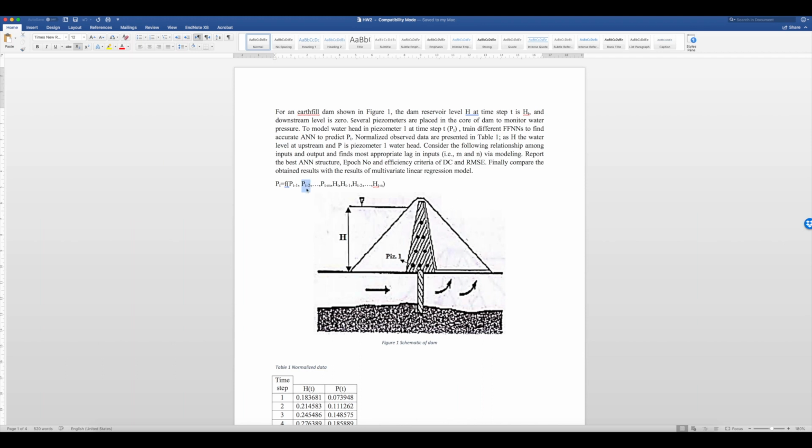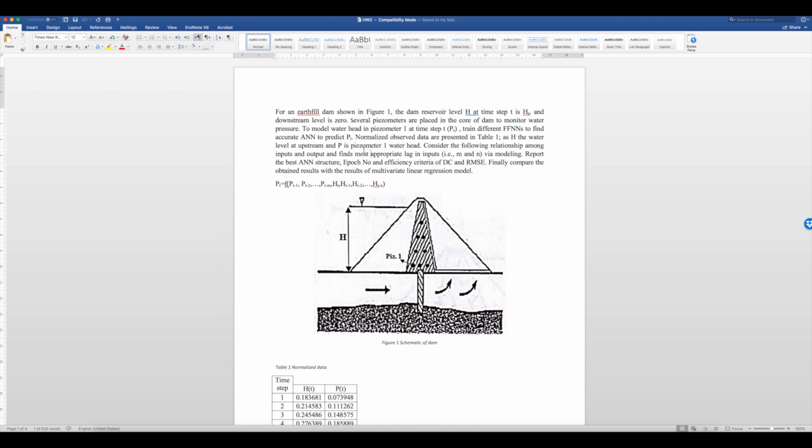And also for P of T minus 2, we will use the pressure at 2 previous hours, 2 hours ago, in order to predict the pressure at this time. We are going to see this in practice by using Excel also. But this is the general idea of the meaning of lags or estimating one step ahead.